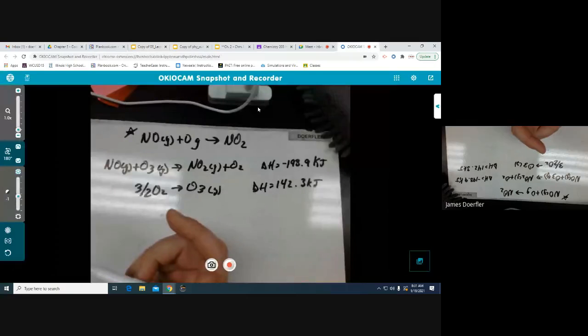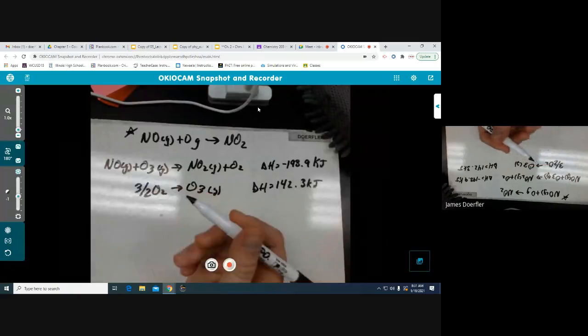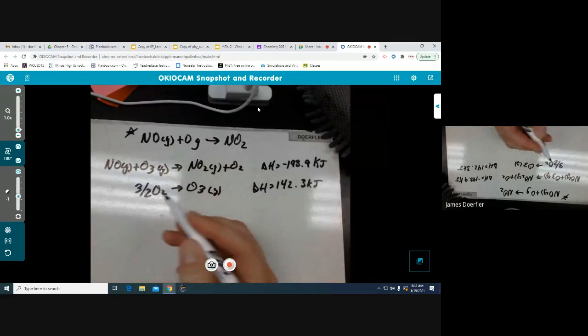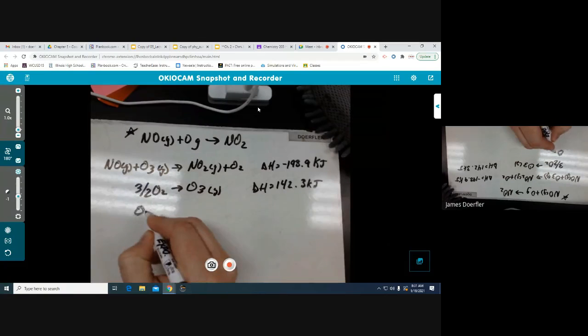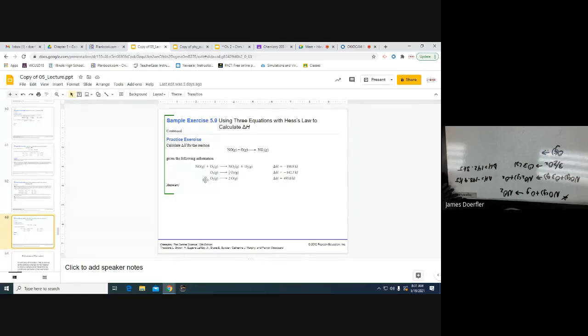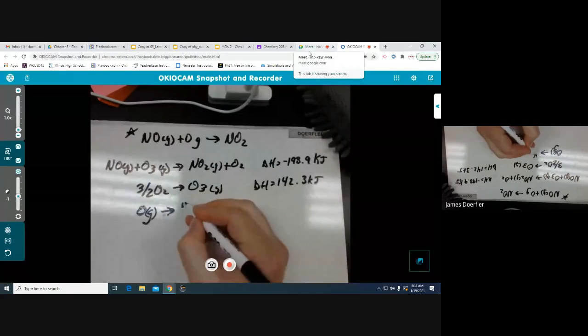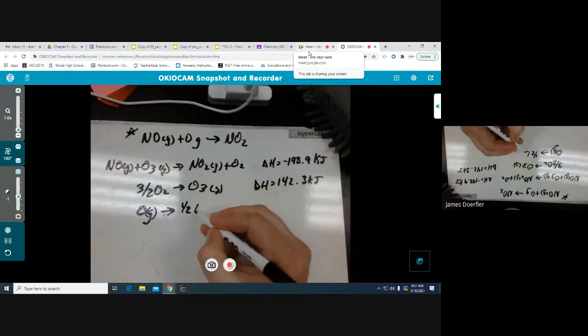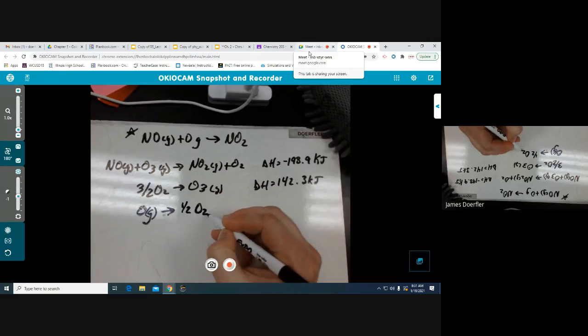So when I flip it, again, 2 divided by 2, you're just going to have 1, or in our case, just oxygen as a gas. Yield, and again, the coefficient in front of the O2 was a 1, so 1 divided by 2, you get 1/2 O2 gas.